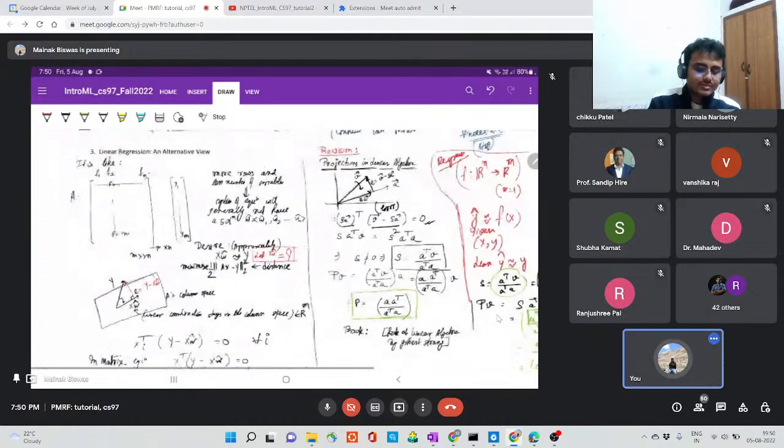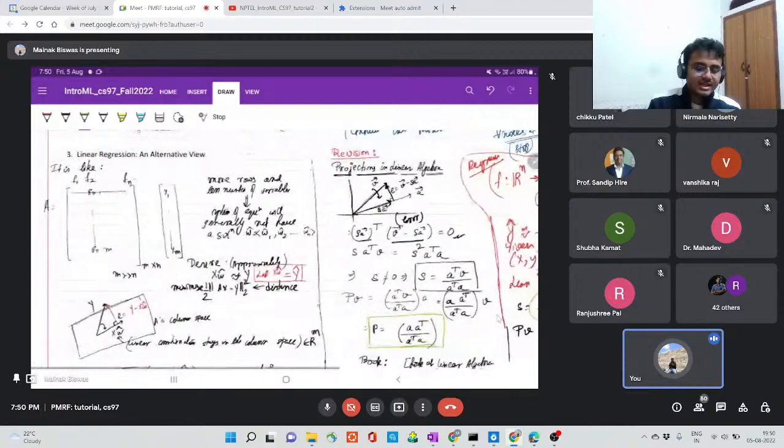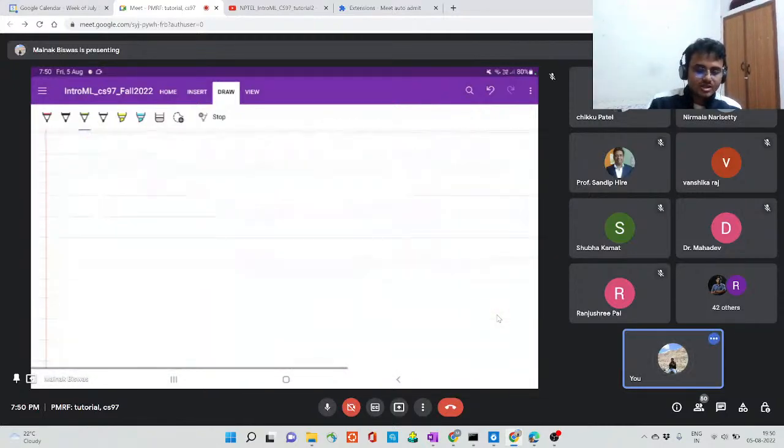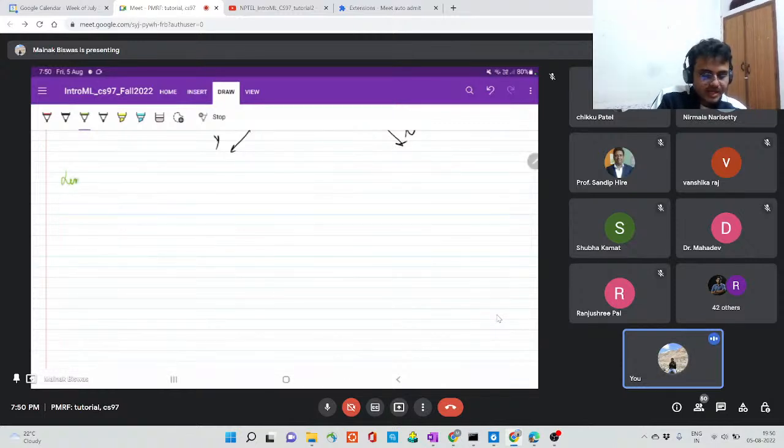And let us use this similar concept in the case of linear regression. What happens in a linear regression? I'll just show the data here, how the linear regression data is. The data is in this form: you have a tall matrix. What do you mean by tall matrix? X1 is this, X2 is this, and so on up to Xm is this.